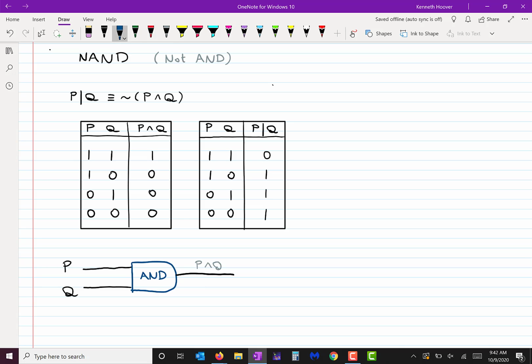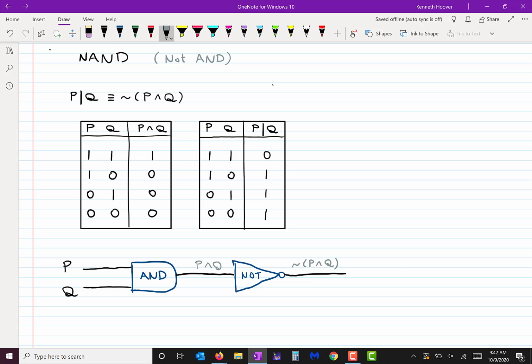If I then sent that signal through a NOT gate, then what comes out of there would be not P and Q, correct?